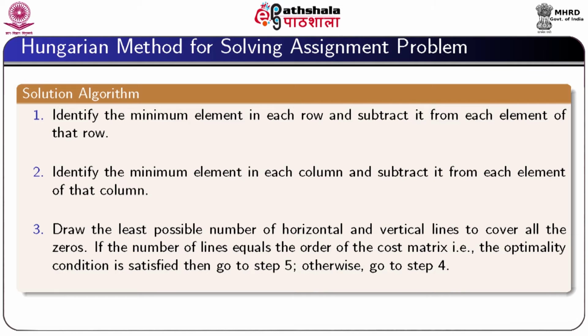Then we draw the least number of horizontal and vertical lines to cover all the zeros. Now, if the number of lines equals the order of the cost matrix, then we go to step 5. Otherwise, we go to step 4.